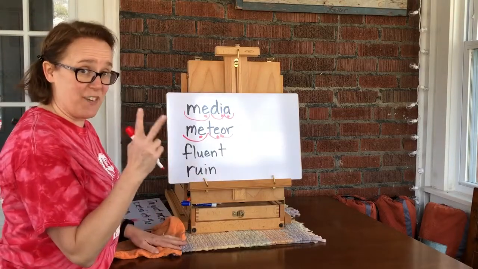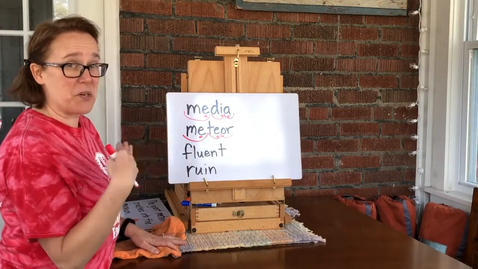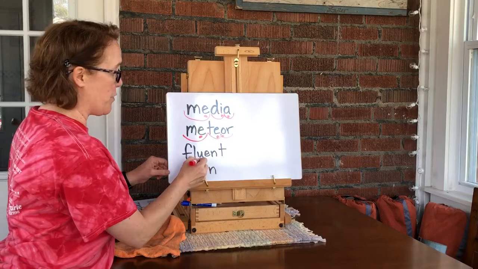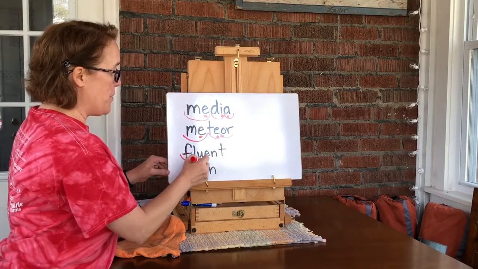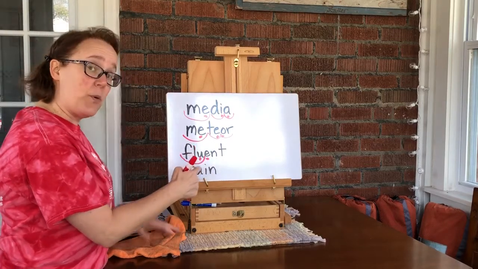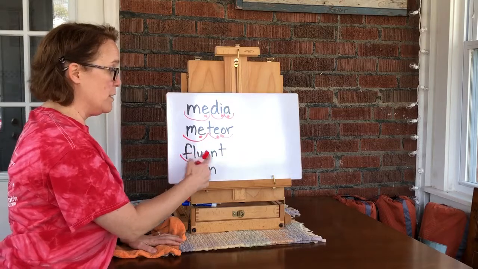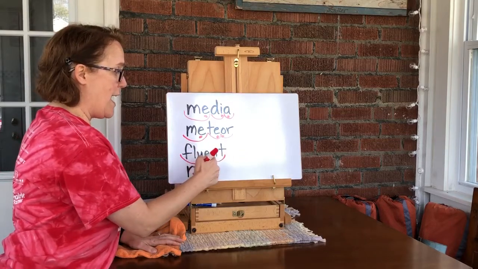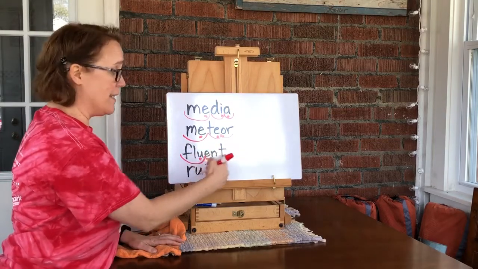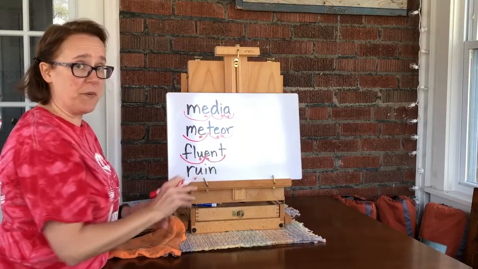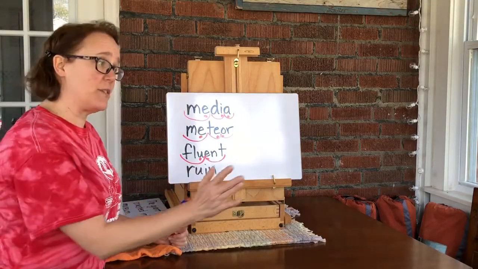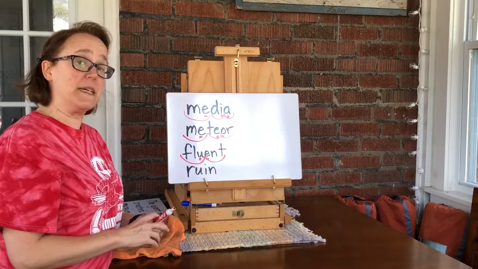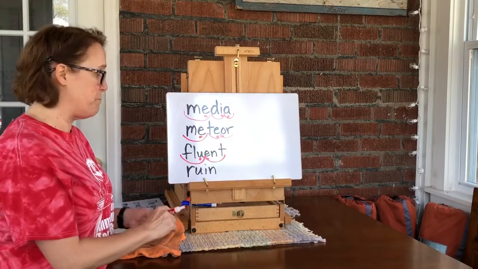That's that second rule. If it doesn't make a real word, try separating. We're going to make those separate vowels. Remember, that makes this first syllable open, flew, and then ent, fluent, fluent. And fluent is when something's smooth. If you read fluently, you read smoothly.